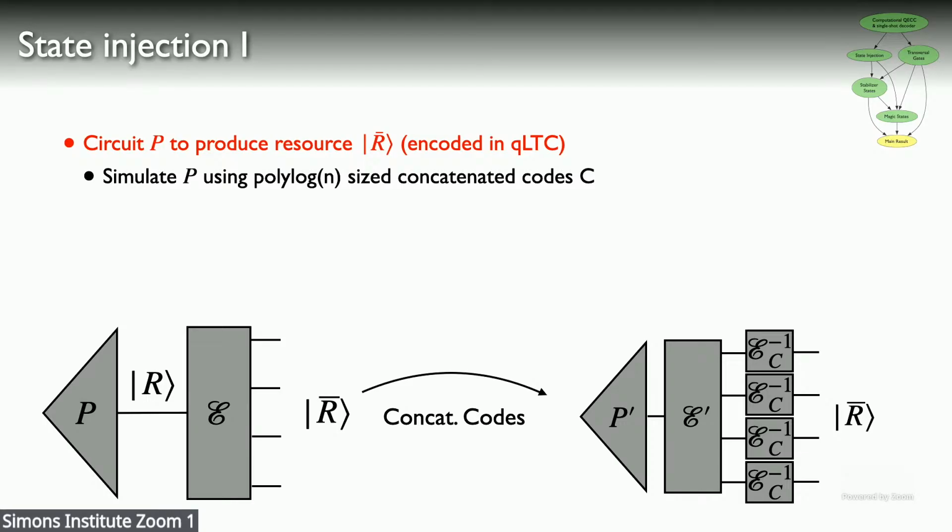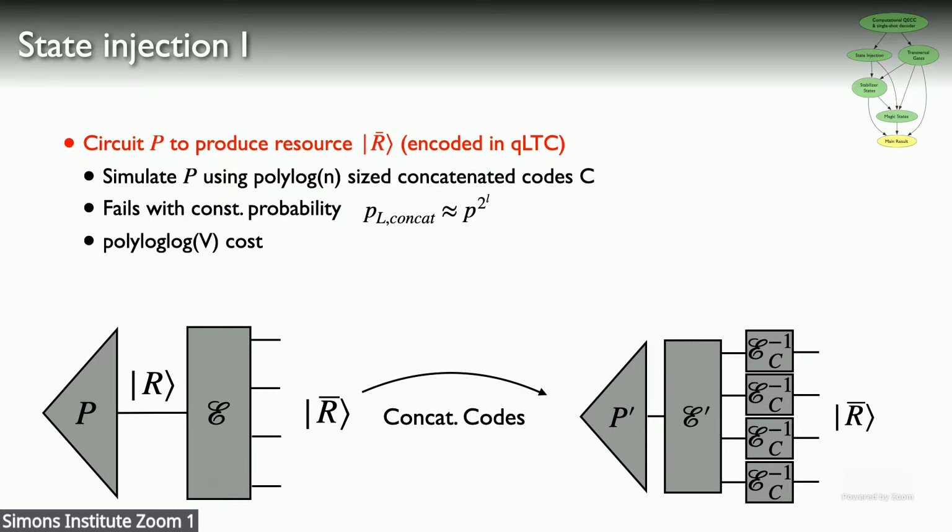And at the end, we unencode from the concatenated code so that we're left with a not too damaged code state of our quantum locally testable code, with constant probability. Roughly, we only need a small number of layers of concatenation, so this gives us this low cost again.